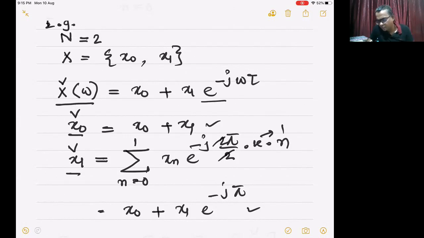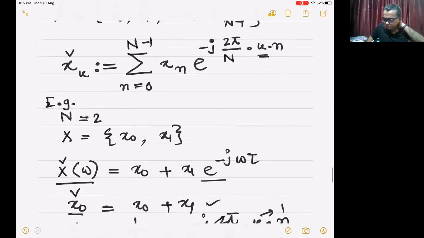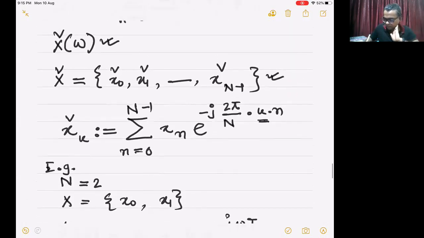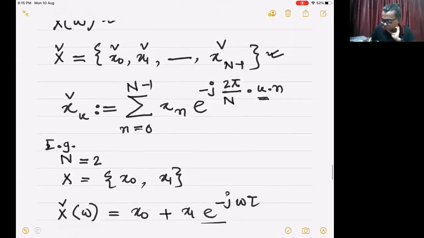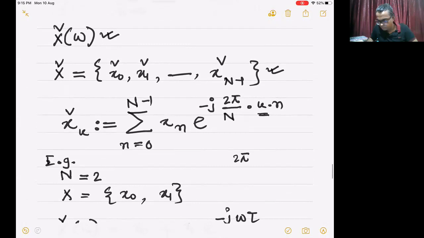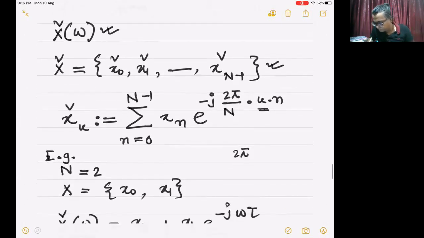Well, I just look at the fundamental component here, as in this case. So here the fundamental component will be 2 pi by tau, right? 2 pi by tau. That's the fundamental component.